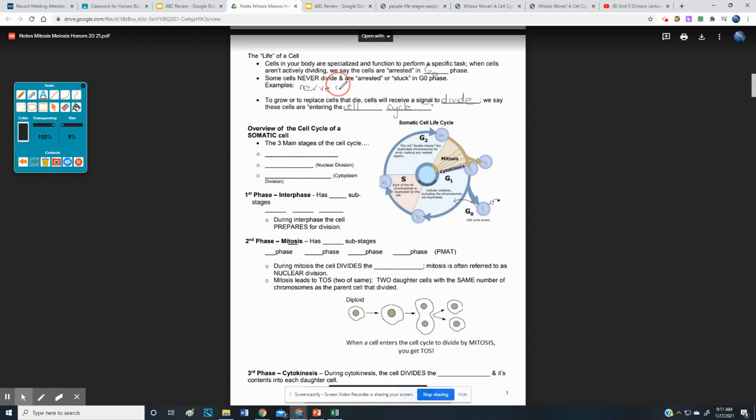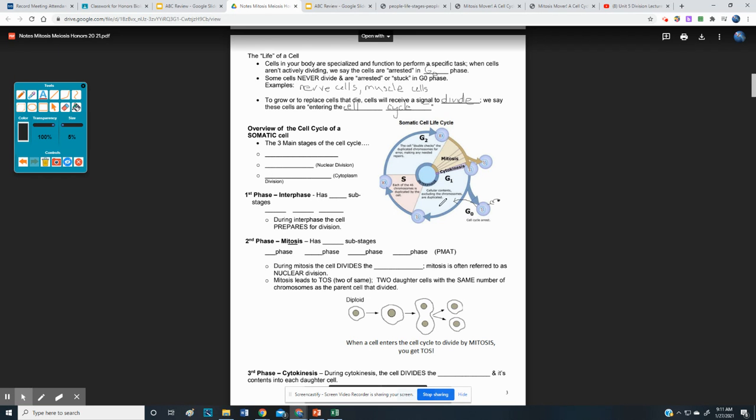So nerve cells and muscle cells are another type of cell that can never divide. So a heart attack and losing muscle of the heart is forever, because muscle cells and nerve cells are too complex to divide. So they are always in G0 phase. They can never enter the cell cycle. They can never divide.